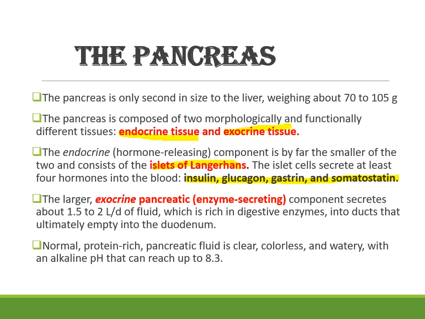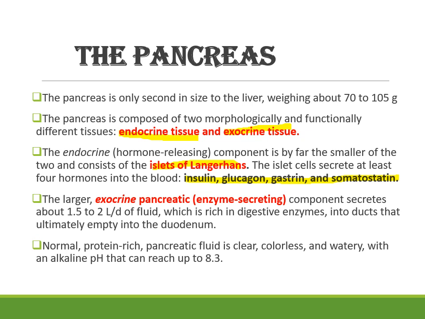On the other hand, your glucagon, gastrin, and somatostatin are what we call hyperglycemic agents. These particular hormones will increase or facilitate the release of glucose from the different cells or tissue towards the circulation. So that is one of the functions of your pancreas.